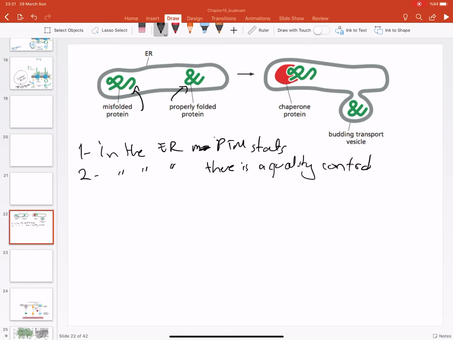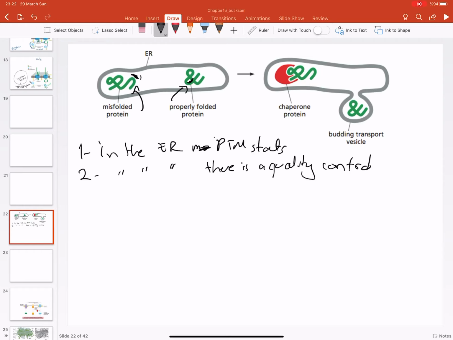Well, if you see some hydrophobic amino acids which are facing outside, it means it's a misfolded protein, because the hydrophobic amino acids should be kept inside. They should be hidden from the water, because these hydrophobic regions can cause the proteins to accumulate. It can even become prion proteins, and it can kill the cell.